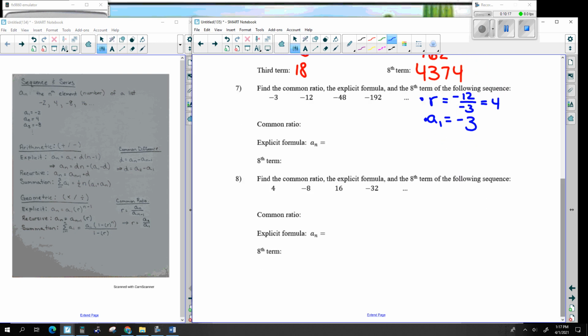All right, so here we go. Explicit formula. It says AN is equal to A1R to the N minus 1. So again, just fill in everything but the letter N. So this is going to be AN, A1, R to the N minus 1. Huzzah, there you go.